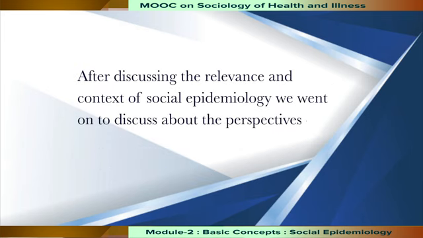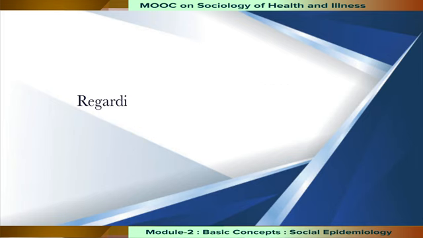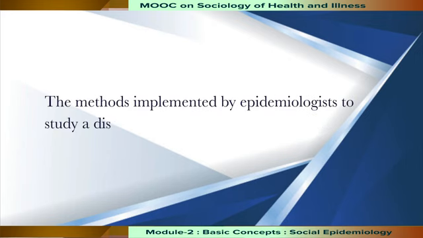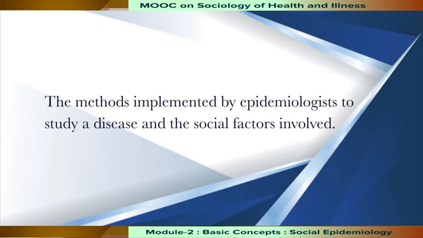After discussing the relevance and the context of social epidemiology, we went on to discuss the perspectives of social epidemiology. We have also discussed in detail the various social factors and conditions affecting the body and health. And lastly, we went on to discuss the methods implemented by epidemiologists to study a disease and the social factors that are involved in it.